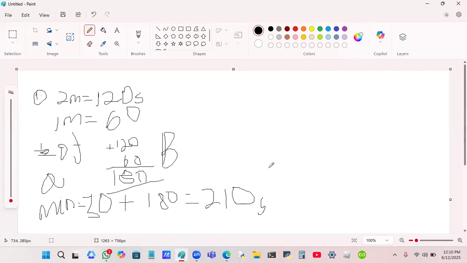You save yourself time. The 3 minutes, you just know, 3 times 60 will give me 180 straight. You don't need to do that 120 plus 60 equals 180. Then you can now do your half of a minute is 30 seconds. Then 180 plus 30, 210. You would have finished this thing earlier.